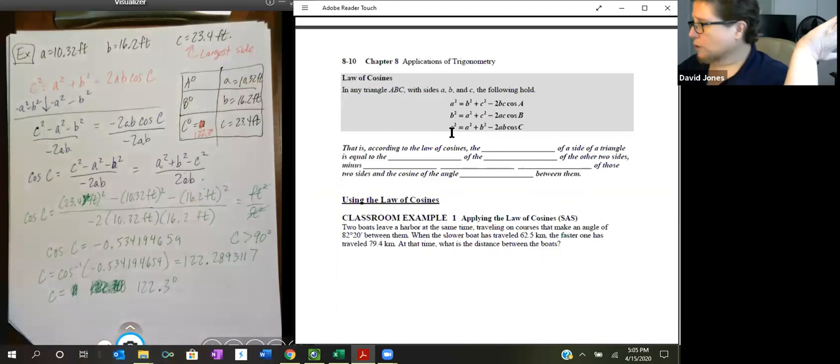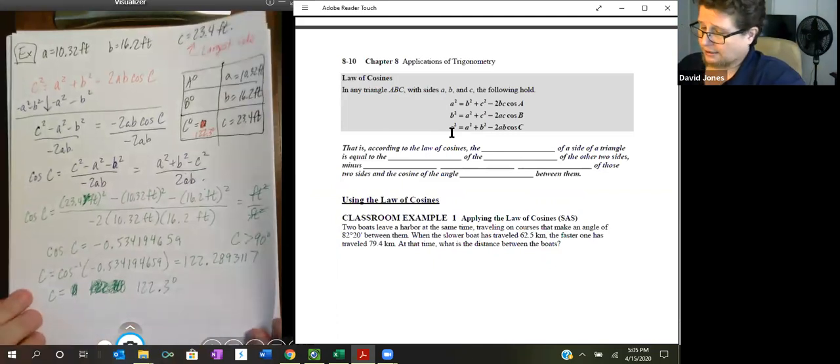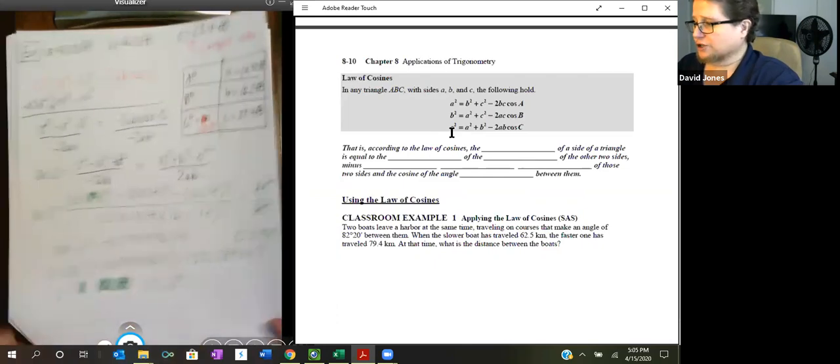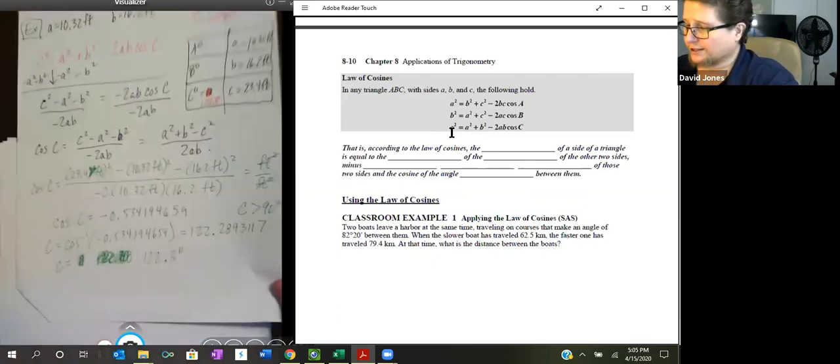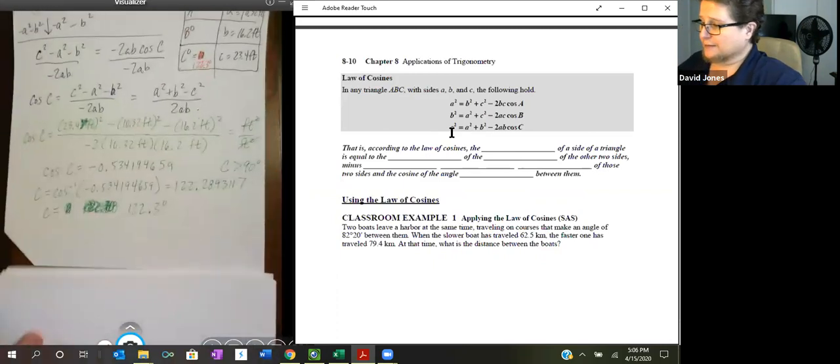And now I know both remaining angles are acute. It doesn't really matter which one I go for. I'll just keep going from largest to next largest. Let's find B next.